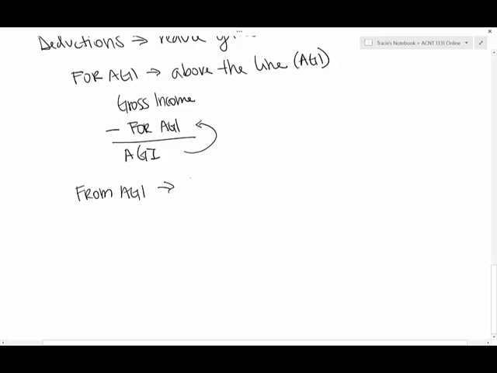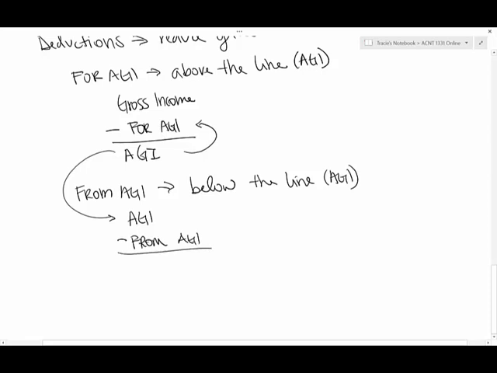Our deduction from AGI is called our below the line deduction. We call it below the line because we calculate our adjusted gross income and then we subtract our from AGI deductions to calculate our taxable income.